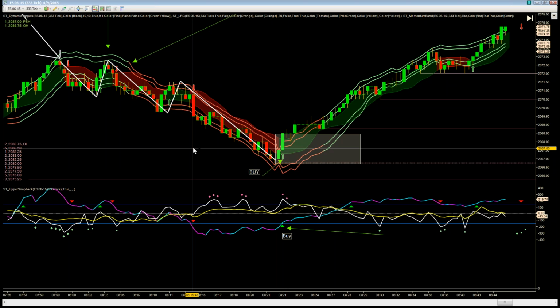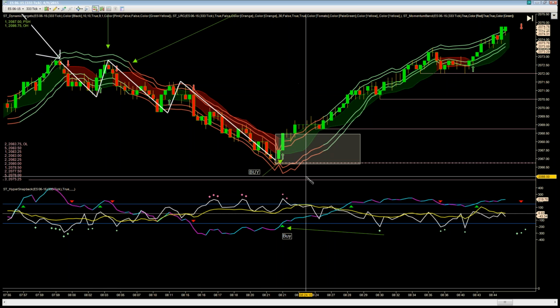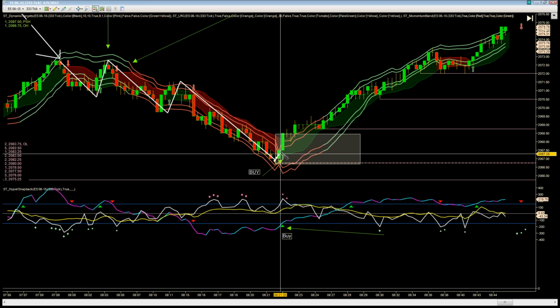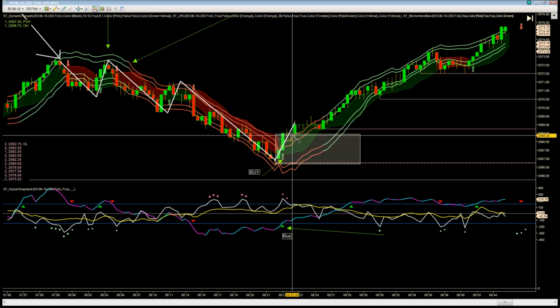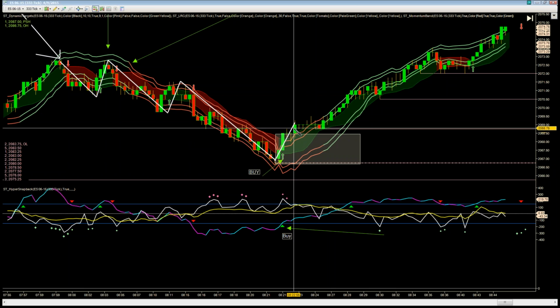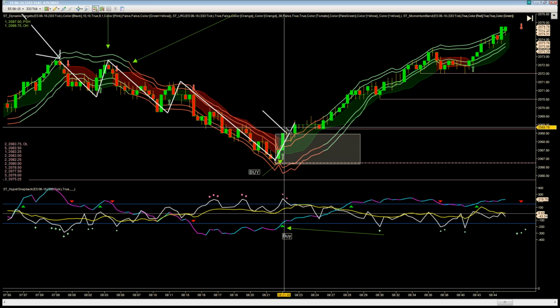And once again, it breaks up. It goes above. The bars are going above the trend study. And you would be long at this point here.